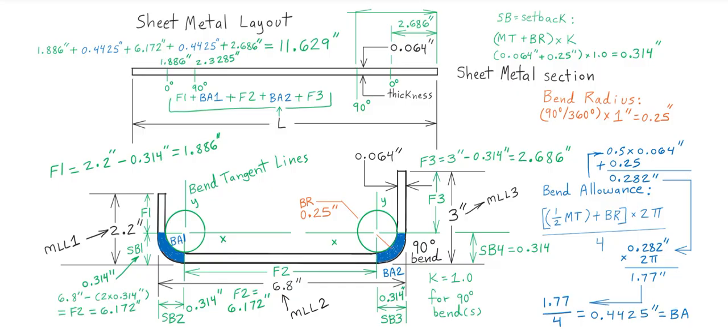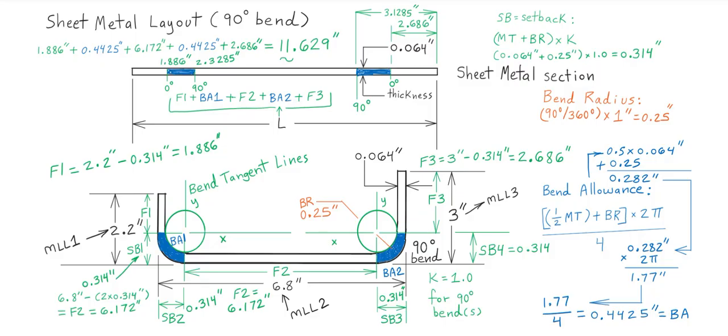And that would be the 90. So if you add 0.4425 to 2.686 inches, you'll get 3.1285 inches. And that bottoms out at the other 90. So that's for 90-degree bends, and that's the translational bend allowance. That's what the sheet metal brake is assigned to do.